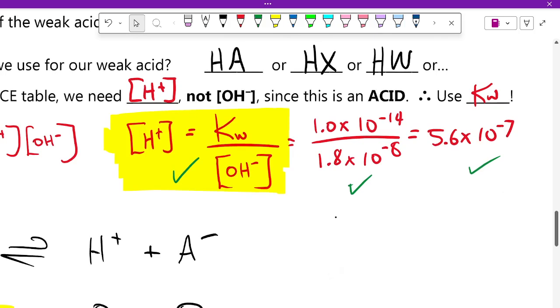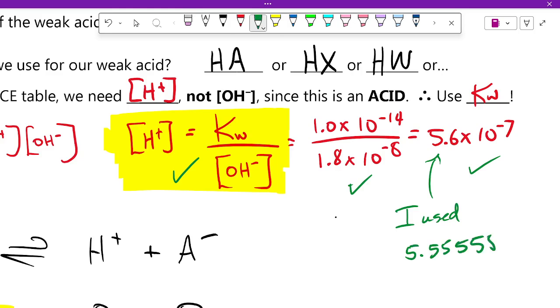You could use 5.55 for 5.56. I actually used 5.555555 because I just kept the number in my calculator. I did not use 5.6. I used 5.55555 times 10 to the minus 7, but I didn't want to write that.